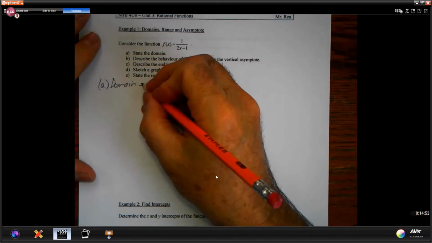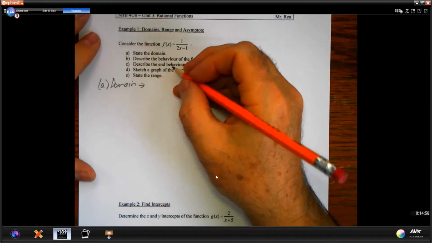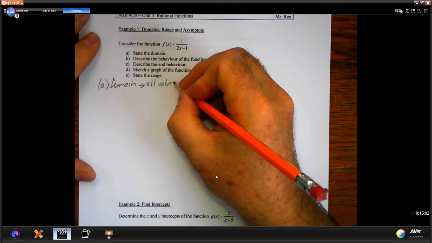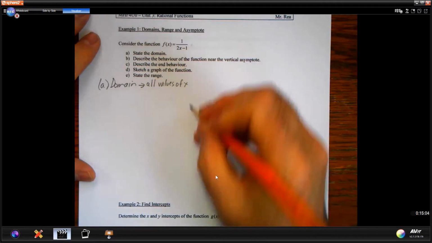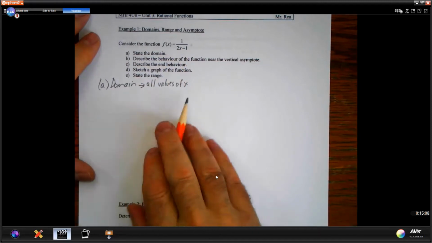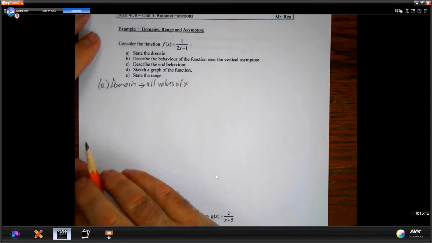Okay, and a reminder, what is the domain? The domain is all values of x. Now the only thing we have to worry about is except, so it's going to be all values of x except where the denominator equals 0.